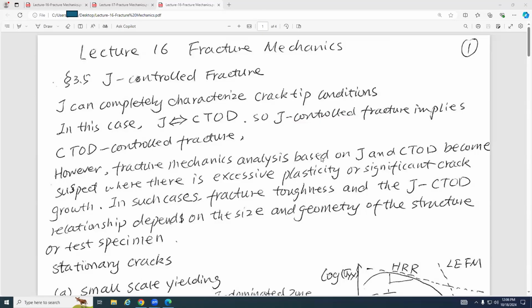Definitely for linear elasticity, this is totally fine, for these two. But if the plasticity is huge, the excessive plasticity area is huge, or the significant crack grows very, very fast and in very big increments, then the CTOD and J controlled analysis is not valid.